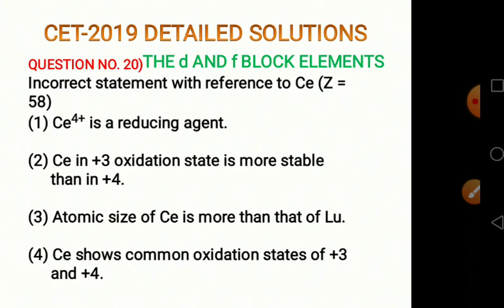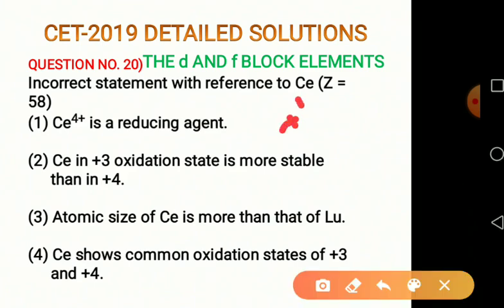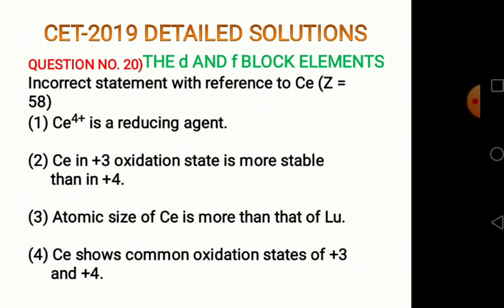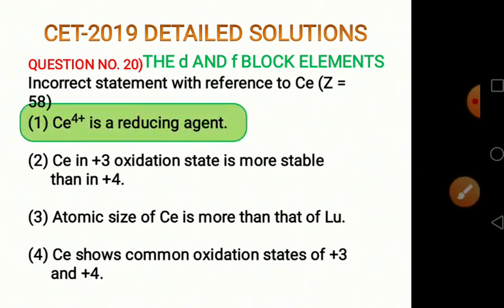It cannot oxidize more than +4, so it can reduce itself to +3. Then Ce4+ should be an oxidizing agent. Hence the given option, reducing agent, is wrong. So the answer should be the first option.